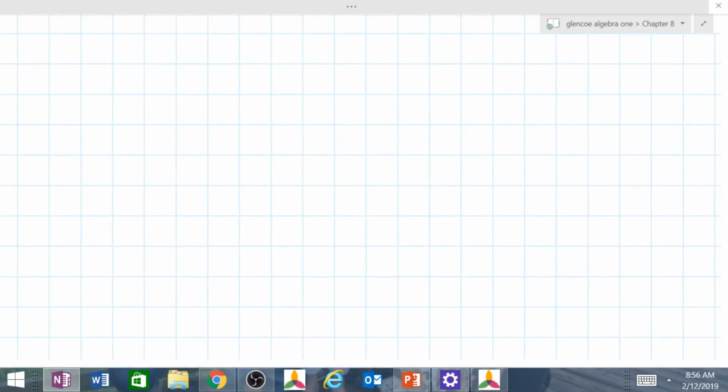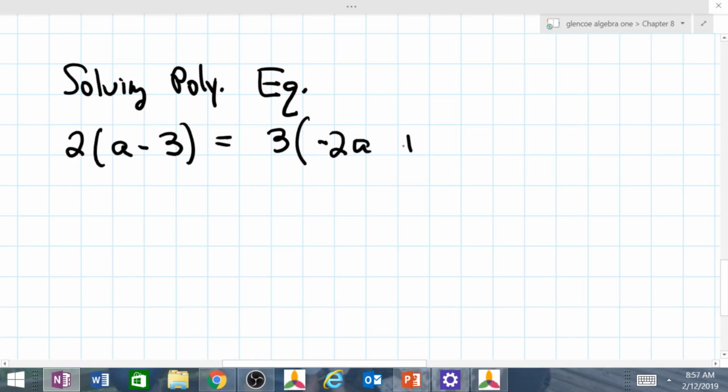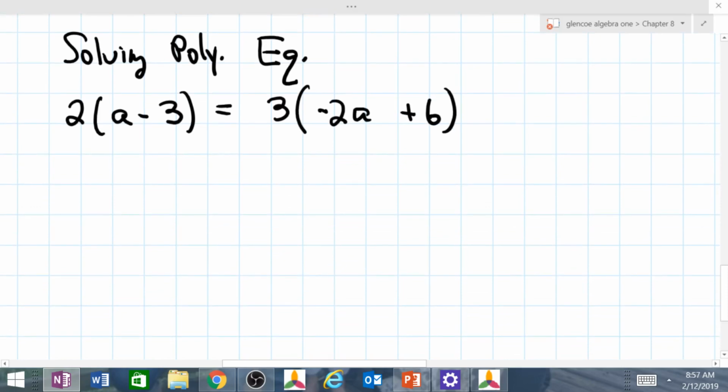So here, let's go ahead and do this problem for you. Solving a polynomial equation. I'm going to do one that's a little bit easier first. So let's try this one. 2 times a minus 3 equals 3 times the quantity, negative 2a plus 6. So this is my original equation.